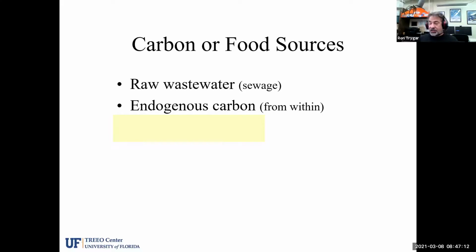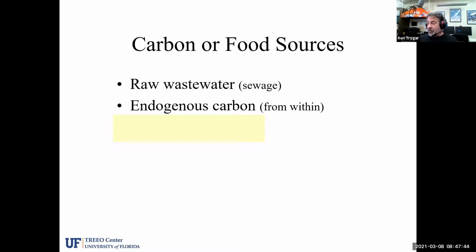And so endogenous carbon is sometimes burned up within the cell when they're kind of left alone down in the sludge blankets of clarifiers, especially with deep clarifier sludge blankets where the actual settled sludge starts to get anoxic. Remember that when it goes anoxic, there is the potential then for them to strip away the oxygen from the nitrate. So if they go anoxic and there's endogenous carbon from within the bacteria, which there generally is, then we'll start to have some denitrification occur.